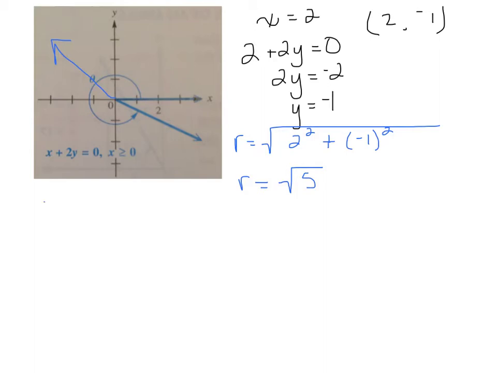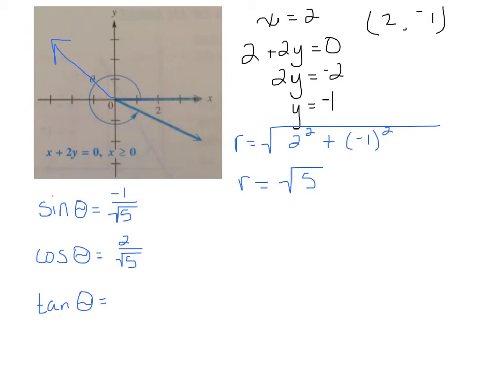and I can do the 6 trig functions. So the sine of theta, we know that's y over r, -1 over the square root of 5. Cosine, that's 2 over the square root of 5. Tangent, well, that's y over x, so it's -1/2.